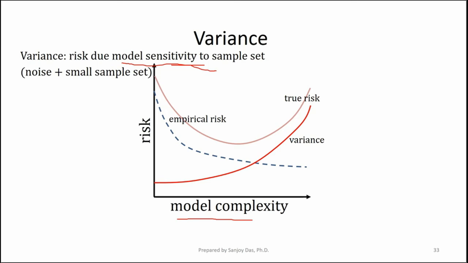The model tries to not only fit globally the samples, but it tries to look at the small details of the sample set, and those are quirks due to random drawing of the samples, and that's not reflective of the actual input data space, but the model begins to imitate those. And that's why this component, the variance of the model, begins to rise after a while when we increase the model complexity.